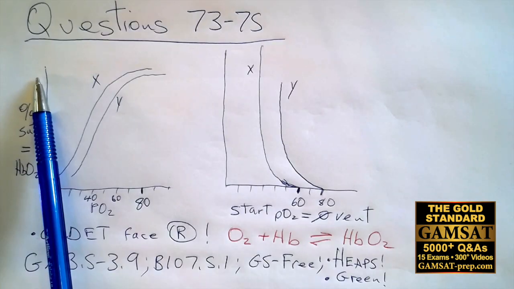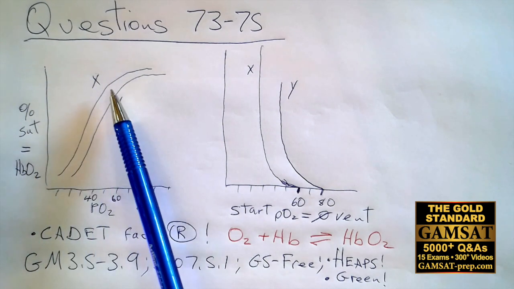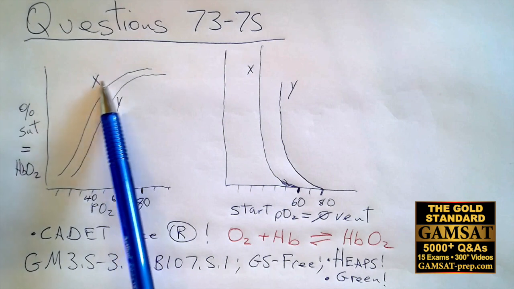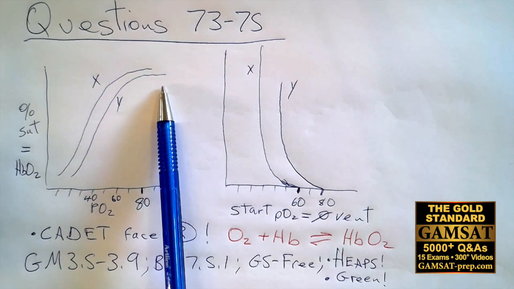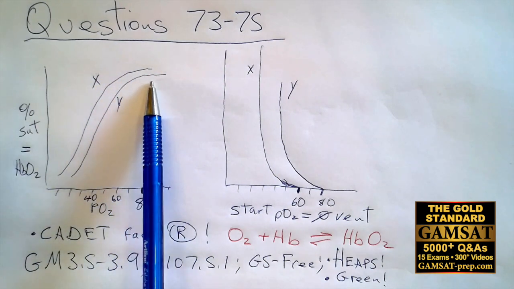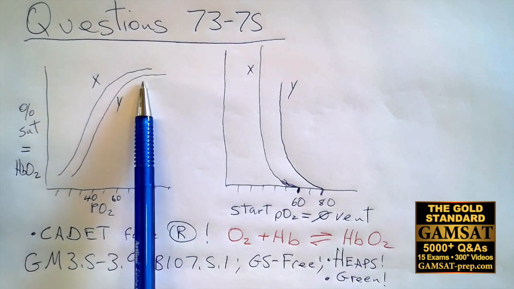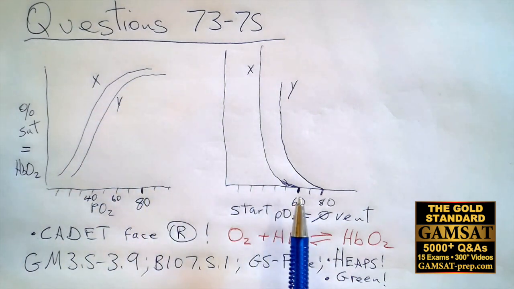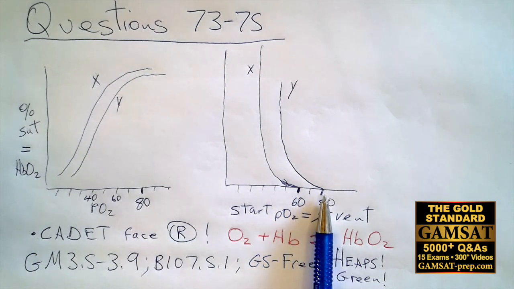And so for question 74, the answer is C. And it makes perfect sense that if you are near your maximum hemoglobin saturation with oxygen, that means you are very, very well oxygenated. Then you have no need or requirement to start increasing your ventilation. So 74, the answer is C.